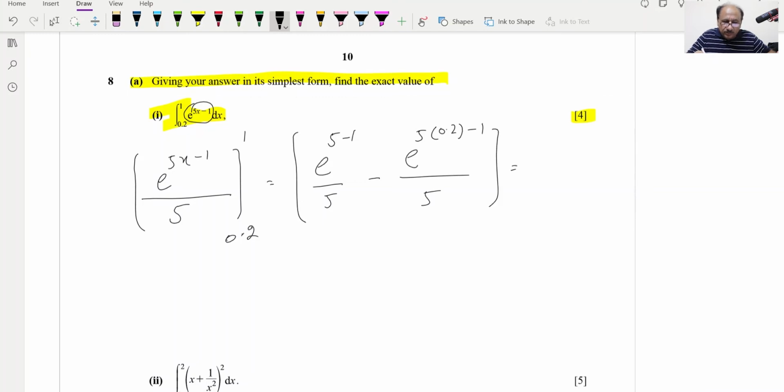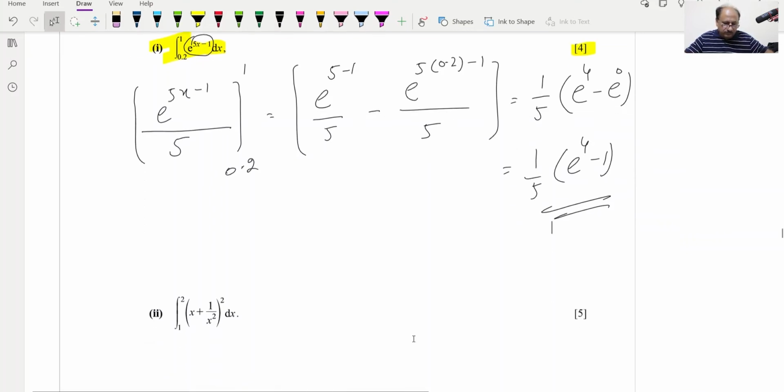This will be equal to 1 over 5, which we can take common, and inside will be e raised to 4 minus, this will be what, e raised to the power 5 into 0.2, which is 1, so 1 minus 1 will be 0, so e raised to the power 0. So this is equal to 1 over 5 times e raised to the power 4 minus 1. So this will be the final answer for this part.